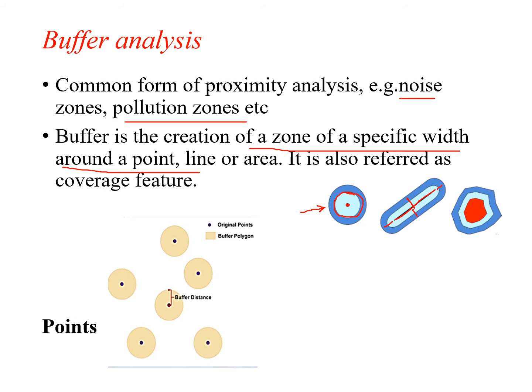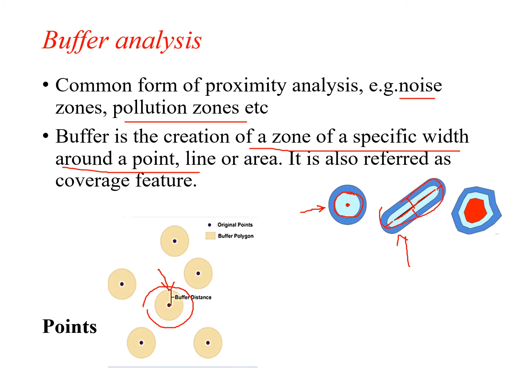If there is a point, the point zone can be represented with a specific radius. Because it's a point, the surrounding zone will also be in circular form. Whereas if it is a line, it would not be circular, it would be like this.